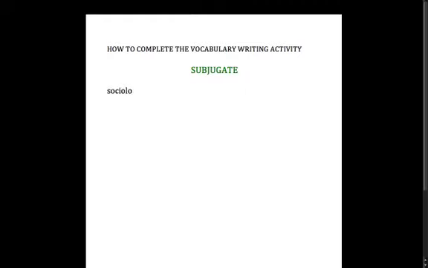So sociology is a field of study that examines how people interact with one another. Okay, so with that information I can now begin to write the sentence that I need.